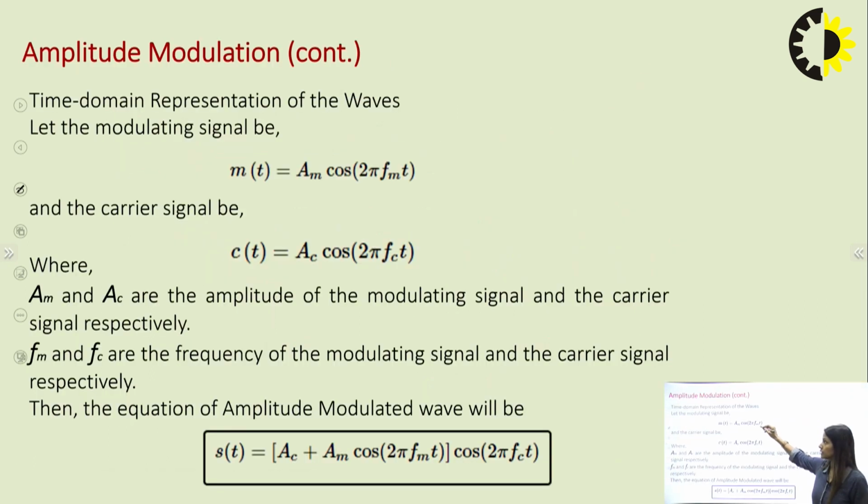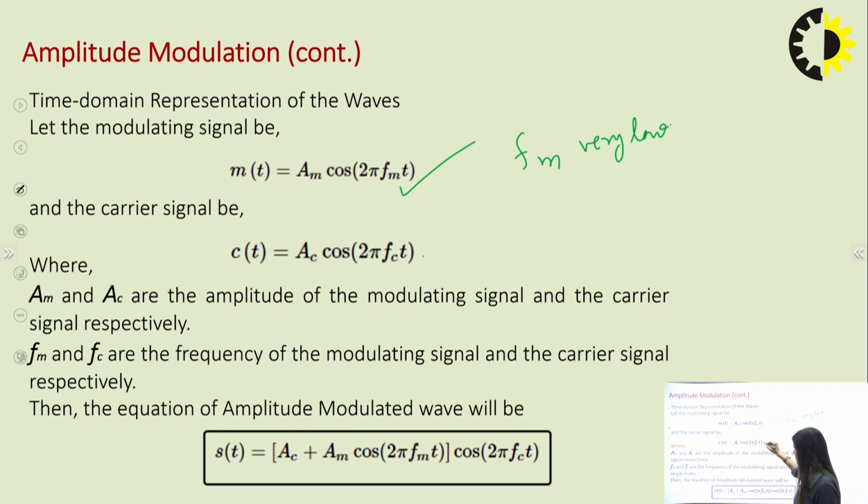Here I have taken m(t) as a normal sinusoidal function whose frequency is fm. This fm is very low, just for simplicity.